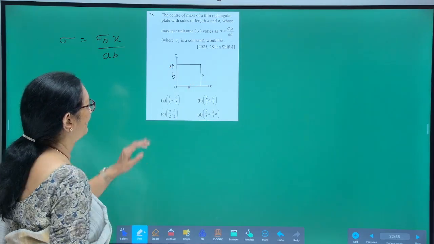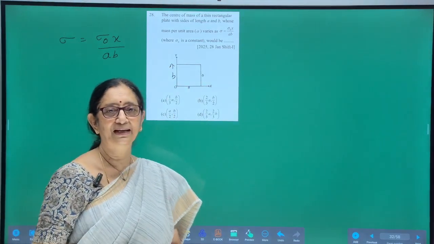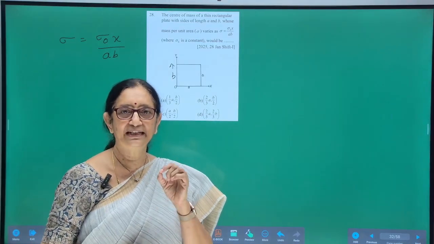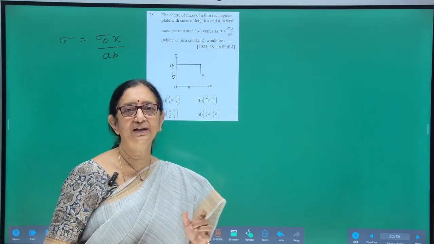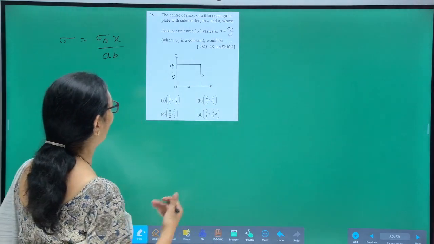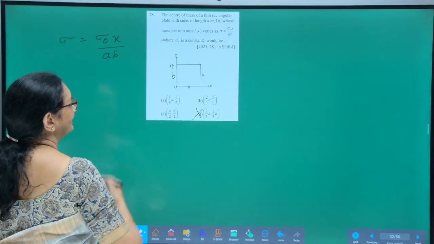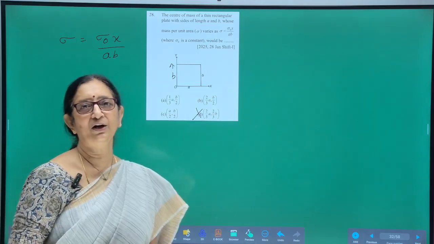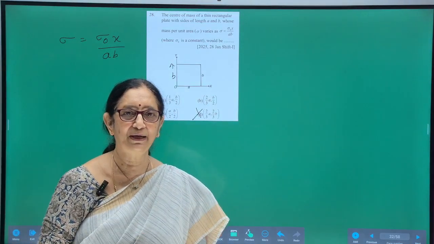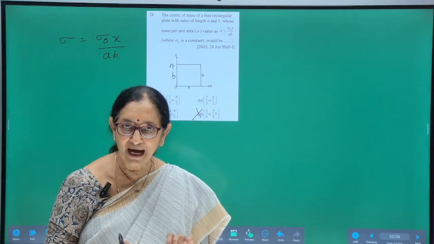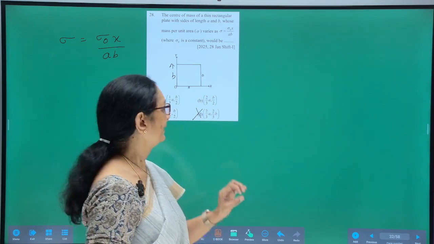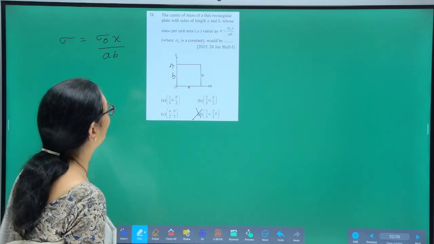y coordinate, because mass is not varying along y axis, definitely y coordinate will be b by 2. Look at the options, only this option is eliminated. All the 3 other options, y coordinate is straight away given as b by 2, that is perfect. Now, we have to follow the x coordinate very carefully.